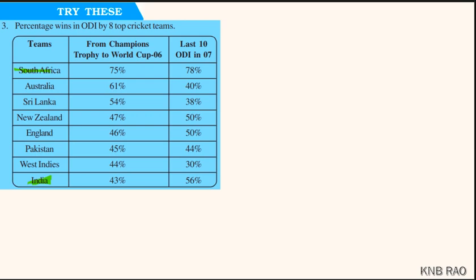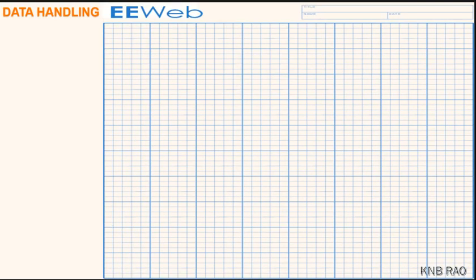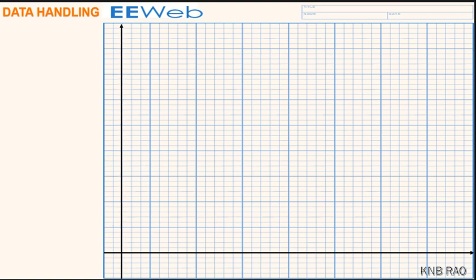So here I have taken a graph sheet, plotted the x-axis and y-axis, and I am considering the numerical quantity, the percentage wins in ODIs by 8 top cricket teams, on the y-axis. Then the names of the cricket teams on the x-axis.